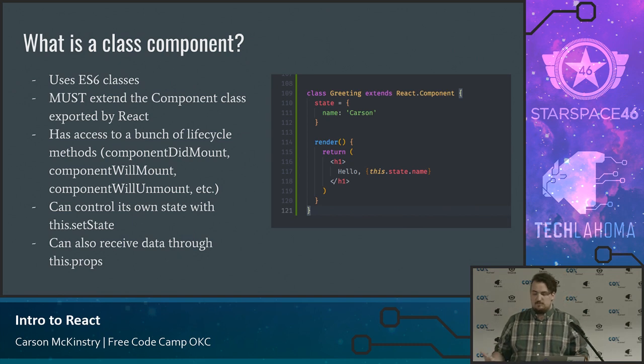Each of those, componentDidMount, will actually be called when React has rendered that component. It will say, I want to render this thing, and as soon as it's done, it's going to call this function, and you can put whatever you want inside of it. You can do whatever you need. The next one, componentWillMount, is the exact opposite.